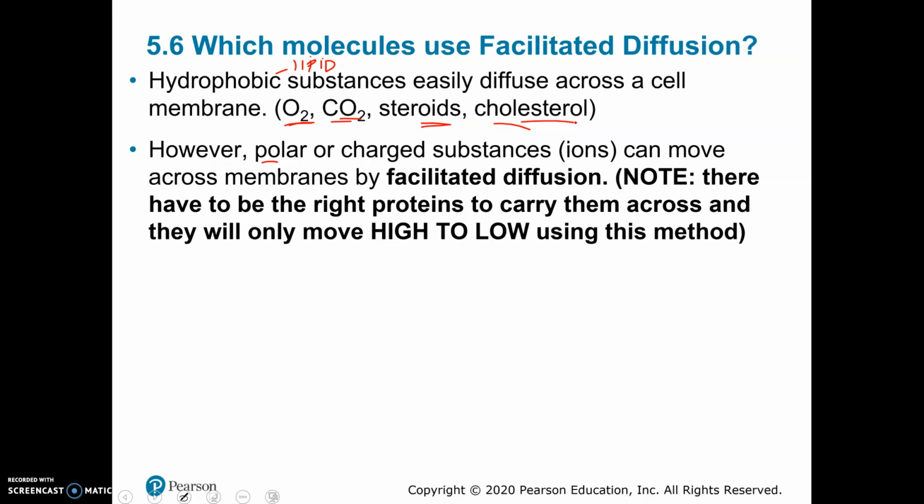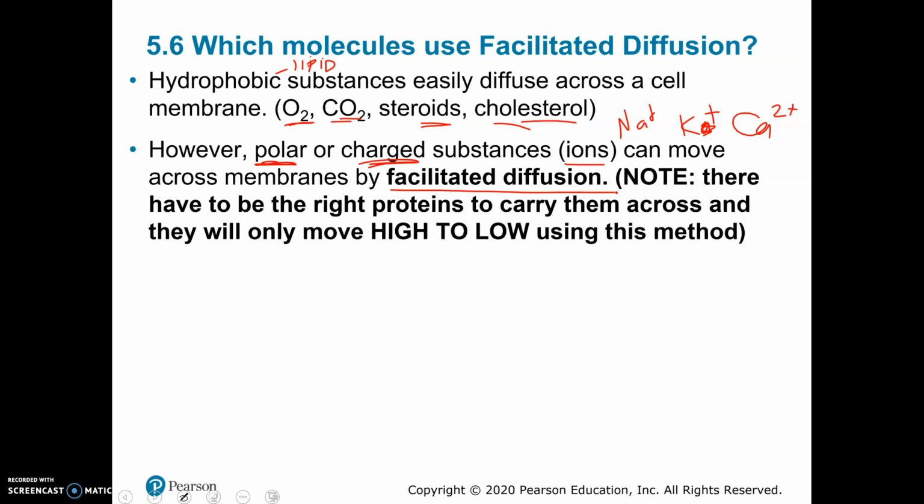Anything that's polar, has like slight charges, or things that have full charges, like ions, so like sodium, potassium, calcium. Those things are not going to be able to go through the phospholipids. They are going to require a protein to carry them through by facilitated diffusion.